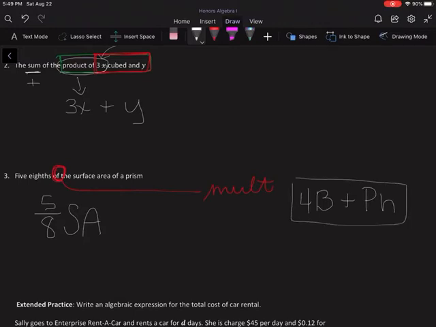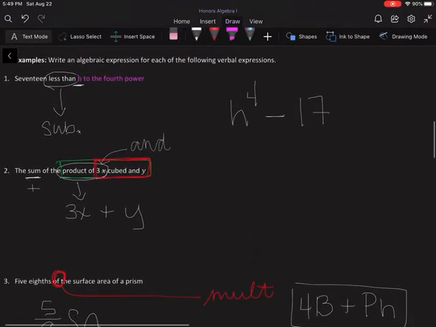You're not expected to know that, but if you did know it, it would be correct to put 5/8 times 2B plus ph. But this is also acceptable. And in class, I'll go ahead and do some more examples of these sorts of ones, 1 and 2. Okay?